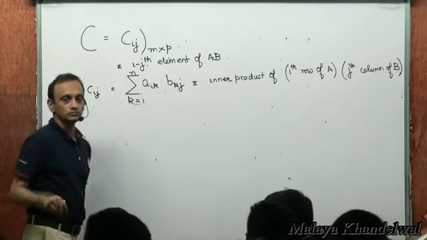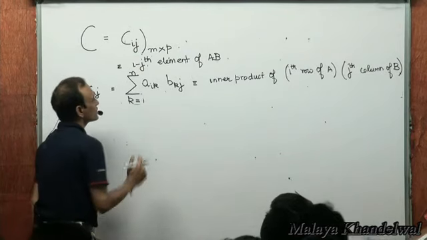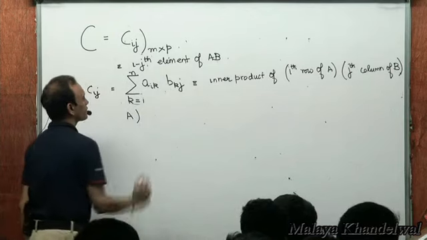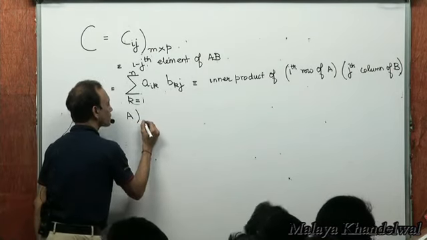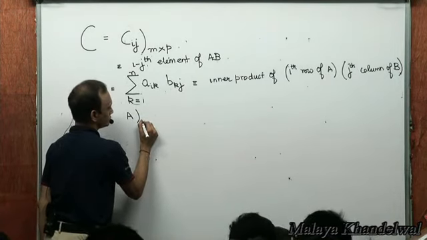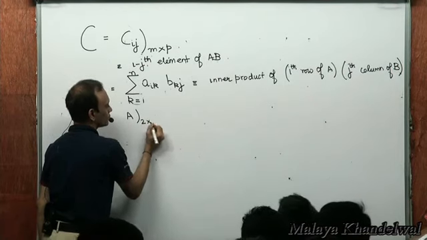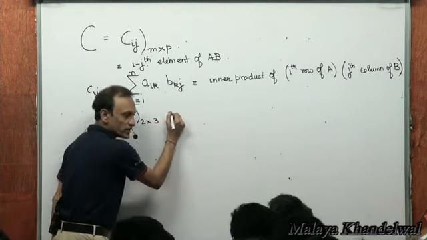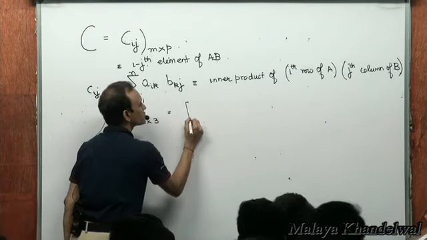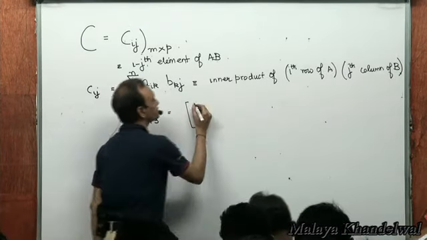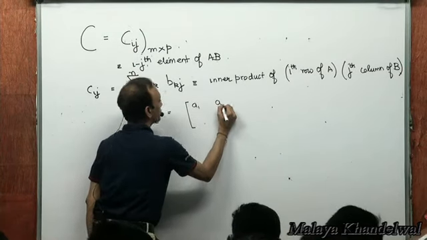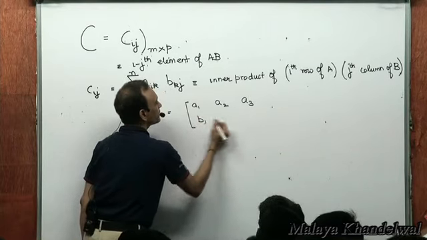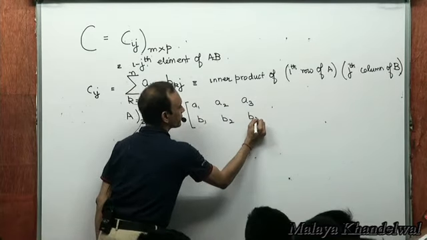Now, say there is a matrix A which is two by three. There are 2 rows and 3 columns. So this matrix is, say, A1, A2, A3, B1, B2, B3.